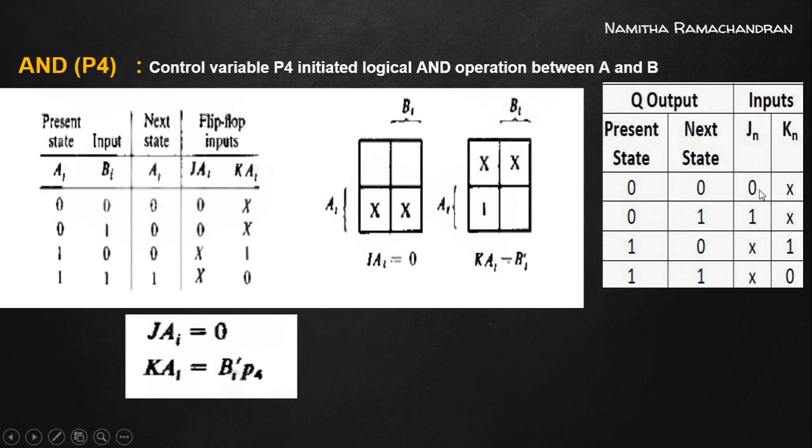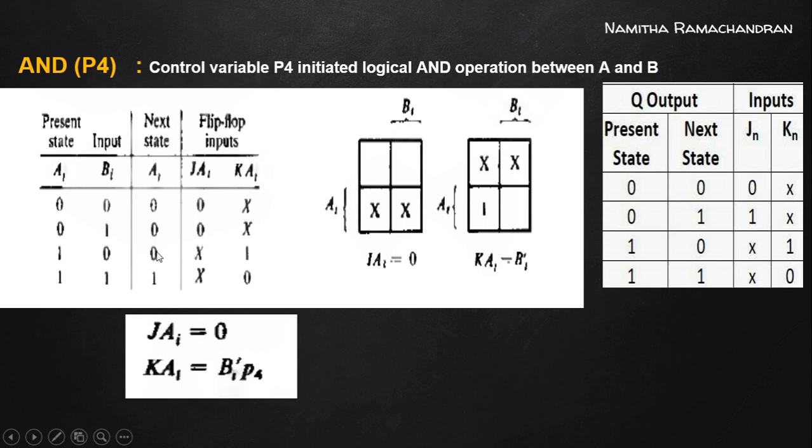In order to get this 0 0, the JK combination must be 0, don't care from this particular table. This 0, present state is 0, next state is again 0, the same combination for J and K, that is 0, don't care. Right, next is 1 0, then 1 0 means the JK combination must be don't care 1, and with 1 1 the JK combination must be don't care 0.